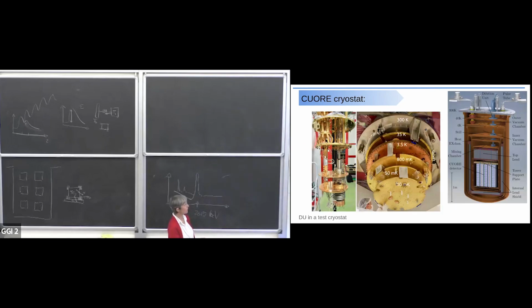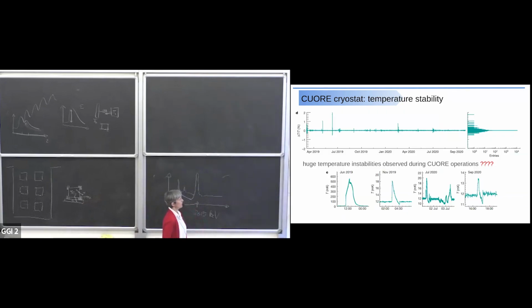So this is the Cuore cryostat. This is the dilution unit designed by Giorgio Frossati. And here it is installed in a test cryostat. This is the Cuore cryostat, and I already showed you the full cryostat with a rendering of the Cuore array. It was really challenging.